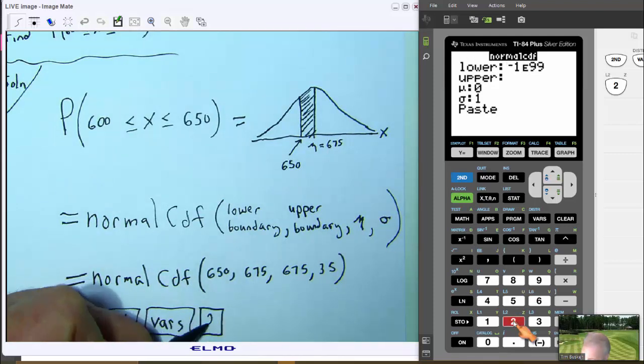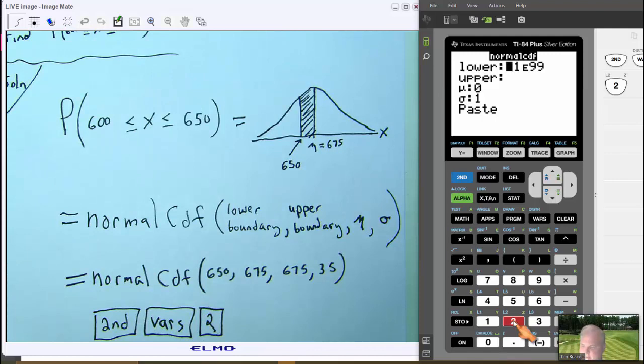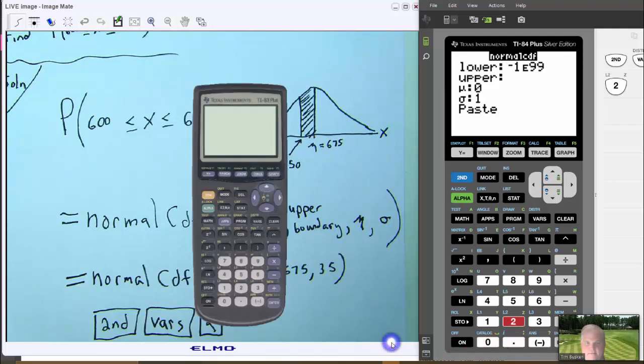For this calculator, I get a settings window like the one I'm getting, and you can see my flashing cursor is asking me for inputs. In the settings window, this is where you give the calculator the four inputs. If you have the other calculator, which I'm going to do the problem on in a second, it's slightly different.